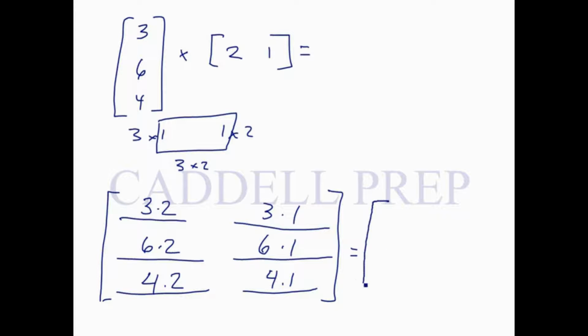So we're going to end up with 6, 3 times 2 is 6, 6 times 2 is 12, 4 times 2 is 8, 3 times 1 is 3, 6 times 1 is 6, and 4 times 1 is 4. So multiplying this 3 by 1 matrix by this 1 by 2 matrix resulted in this 3 by 2 matrix.